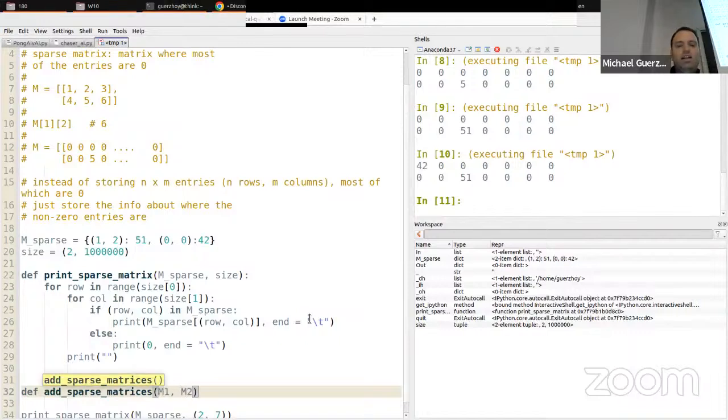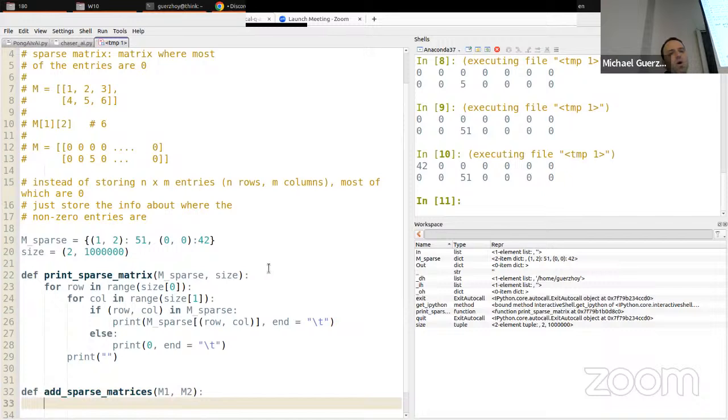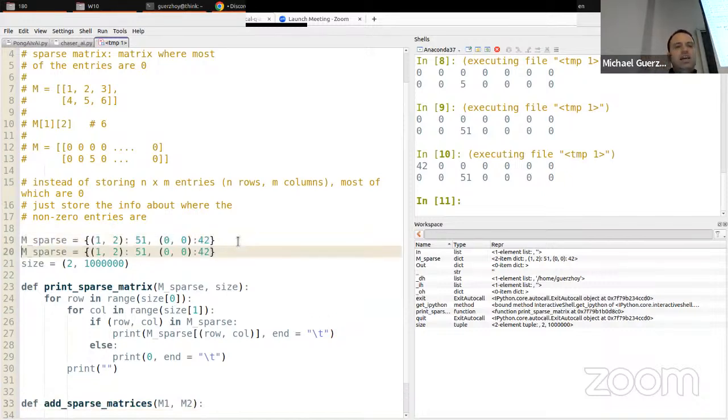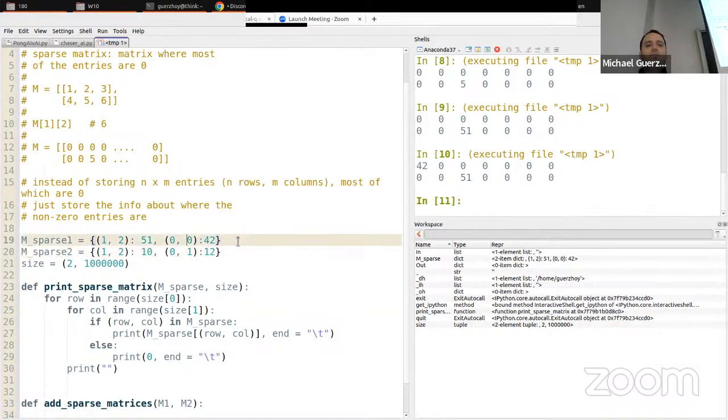So M1 and M2. So what's the idea here? The idea here is, let's say you have this guy and you also have this guy. So let's say that this is 10, and then this is 12. So what's going on here? So we have one matching entry.